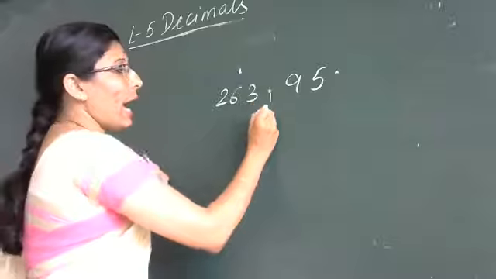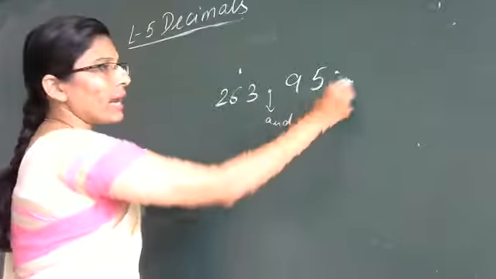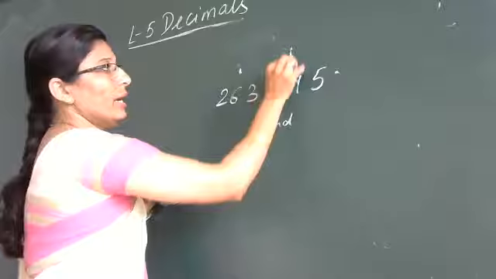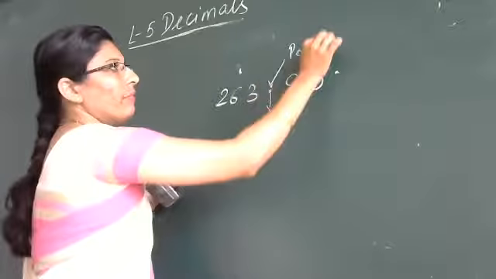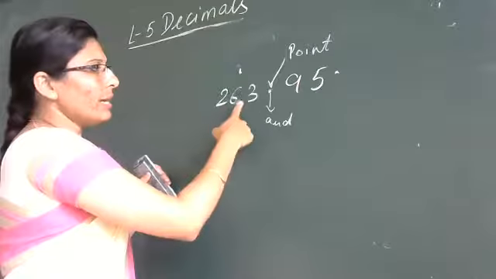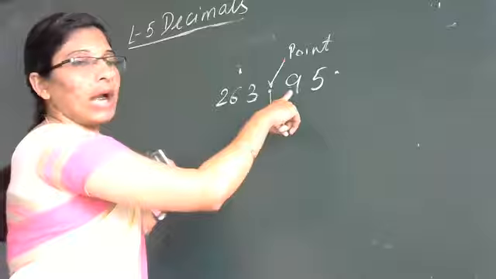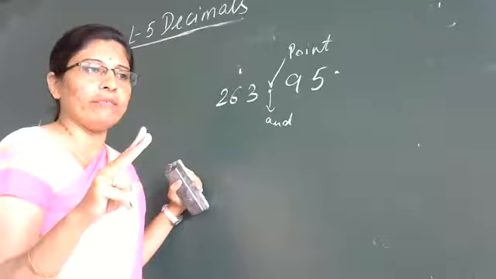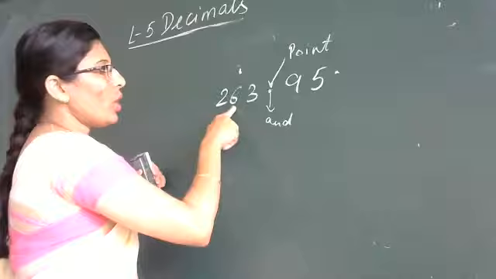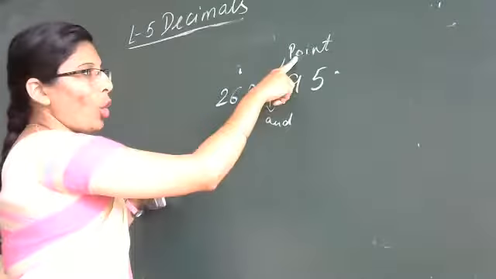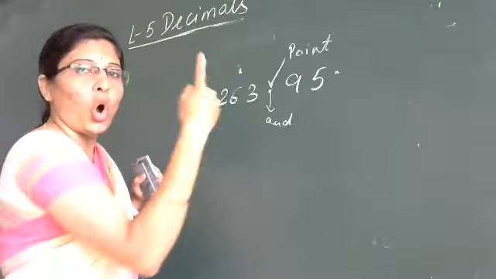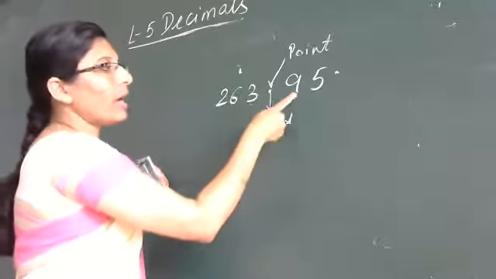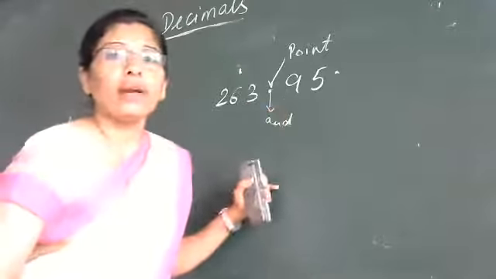If you are reading with and, then we have to write hundredths, 95 hundredths. But if we are reading with point, we have to read it as 263.95. Any one method we can use. So it is 263.95 or 263 and 95 hundredths.